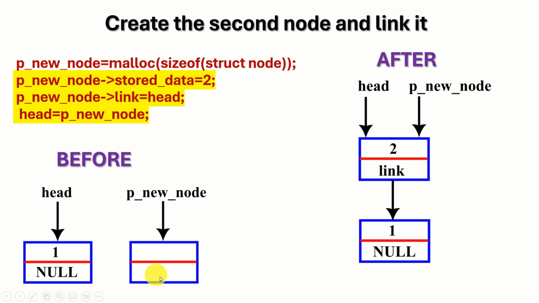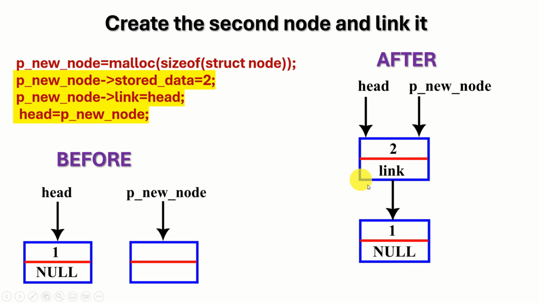That is, this link over here will point to the previously first node inside of our linked list. And then after doing this, we simply need to shift the head such that the head points to the newly created node. After executing these 4 lines, we will have this situation.